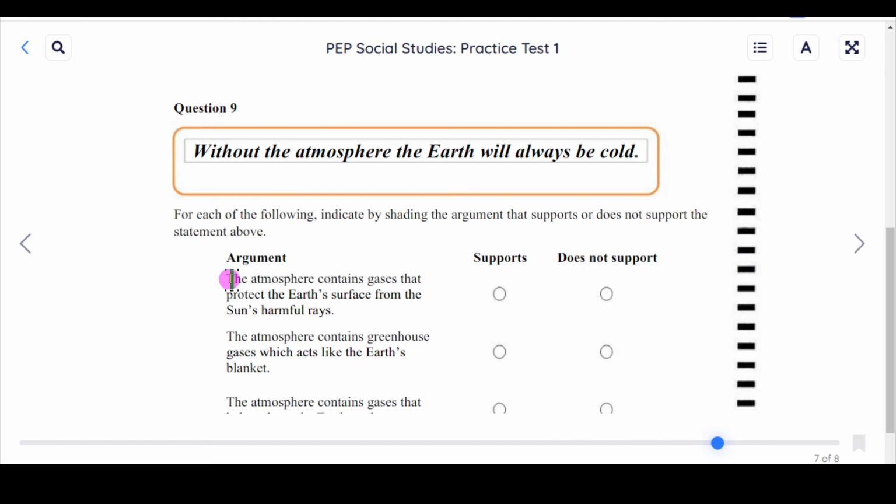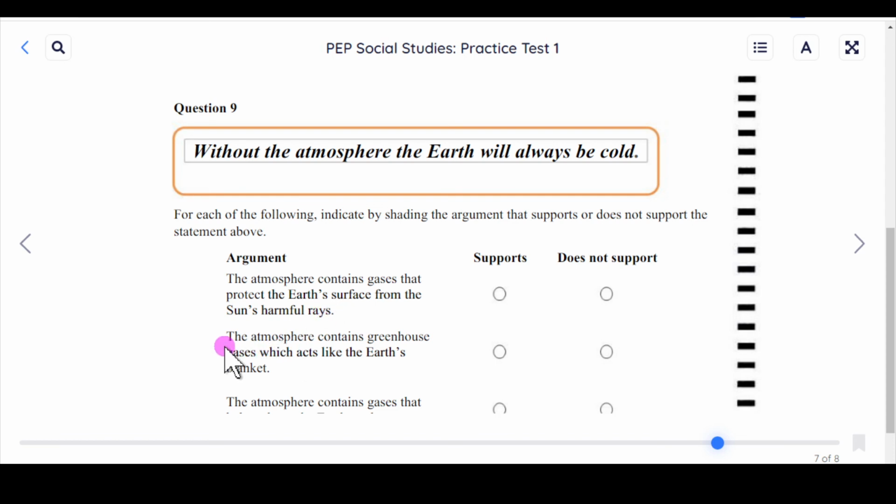All right, so argument number 1. The atmosphere contains gases that protect the Earth's surface from the sun's harmful rays. That does not really look like it supports it, because it's cold. We need a little more than this.